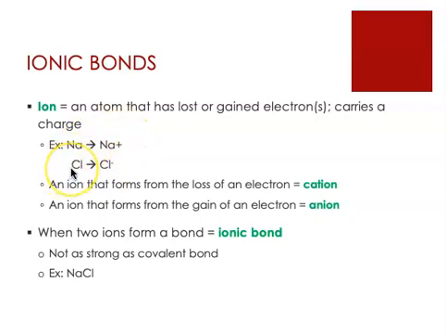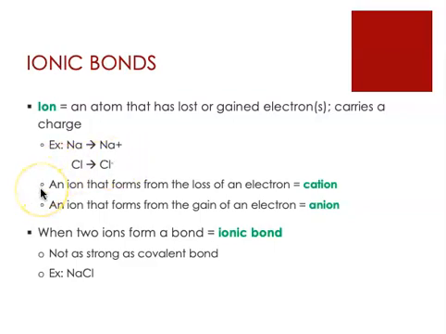Compare that to the chloride atom below it. Sometimes chloride gains an electron, an extra electron. Now it has one more negative charge than it used to have. Now it has a negative charge associated with it. Now it's an ion.